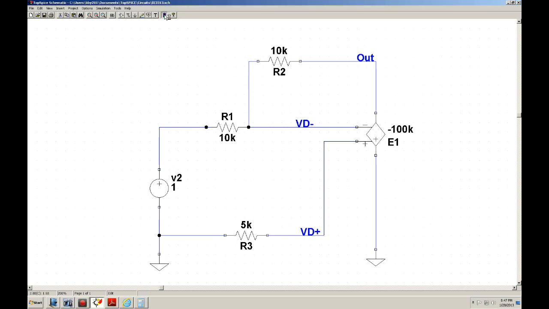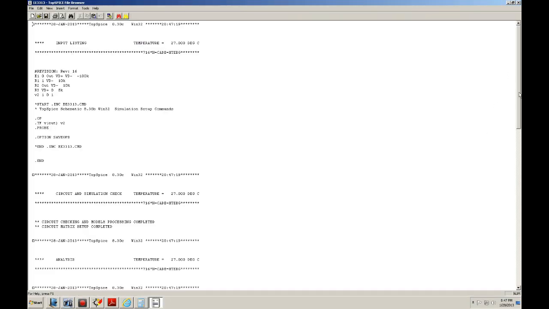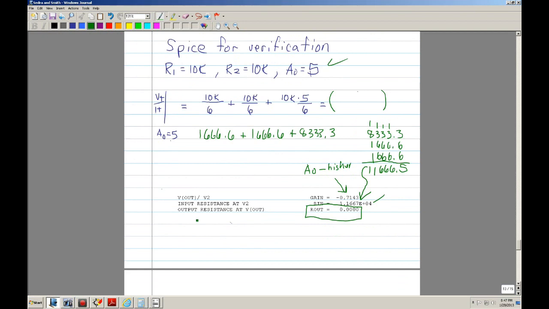Close this. If you notice, right there it is. Gain is that. Paste.